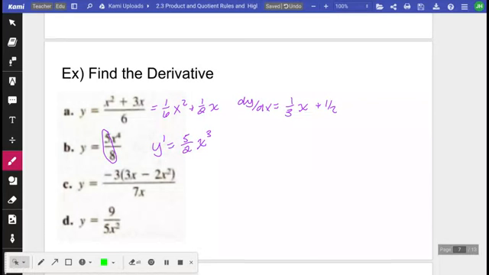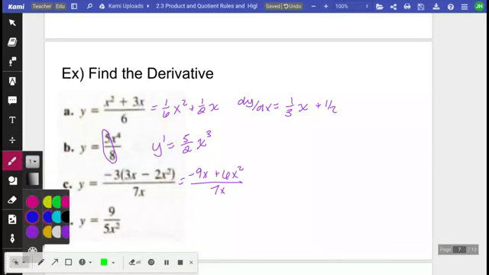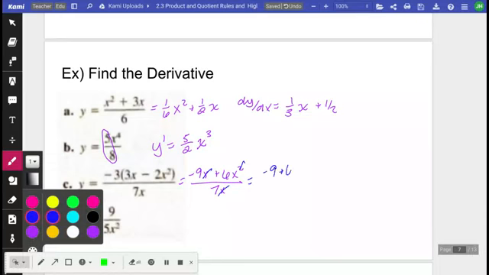All right, this one, what I would do is, it probably would be easier to go ahead and distribute that -3 through. If you notice, all parts have an x, so I can cancel out this x with one of those x's, leaving me with -9 plus 6x all over 7.